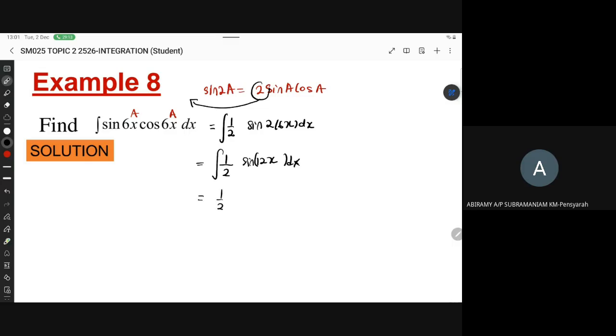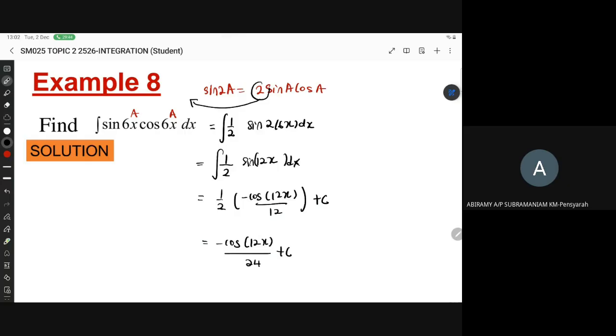We will get negative cos 12x. Do not forget to divide by 12, plus c. So the final answer is negative cos 12x divided by 24 plus c.